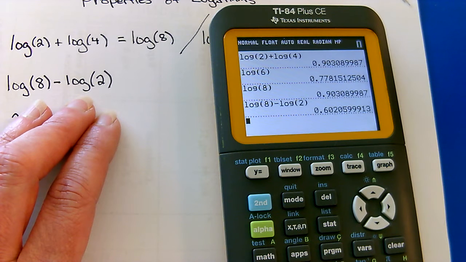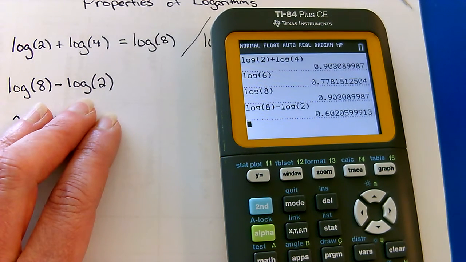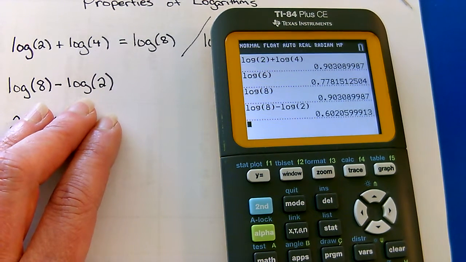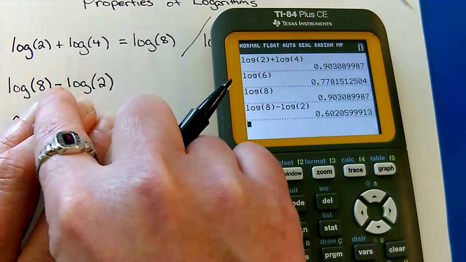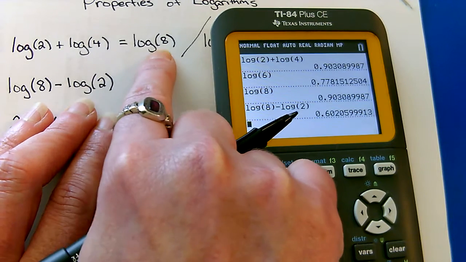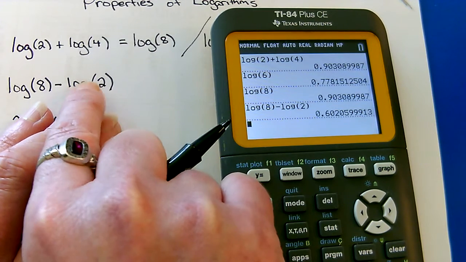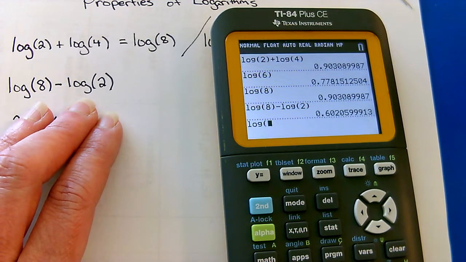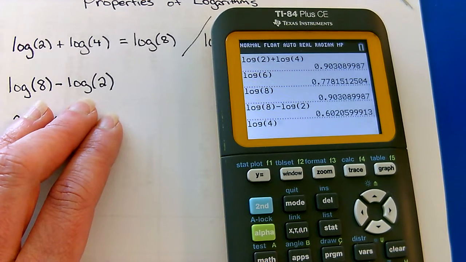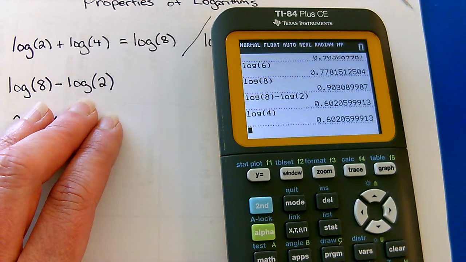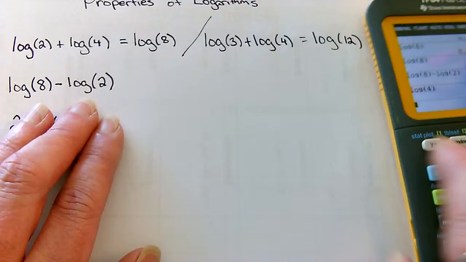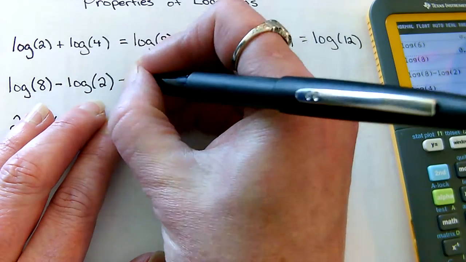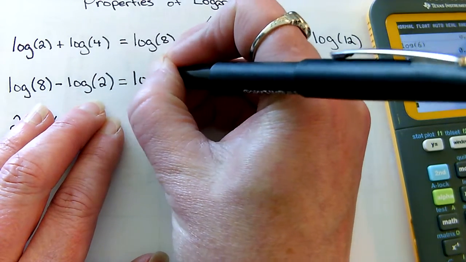It's not. So, because it's not the same, it's a step up. So if I'm subtracting here, if I was adding, I multiplied the two arguments. So what do you think I'm going to do? Let's try 4. 8 divided by 2 is 4. That's equivalent. So log of 8 minus log of 2 is the same as log of 4.